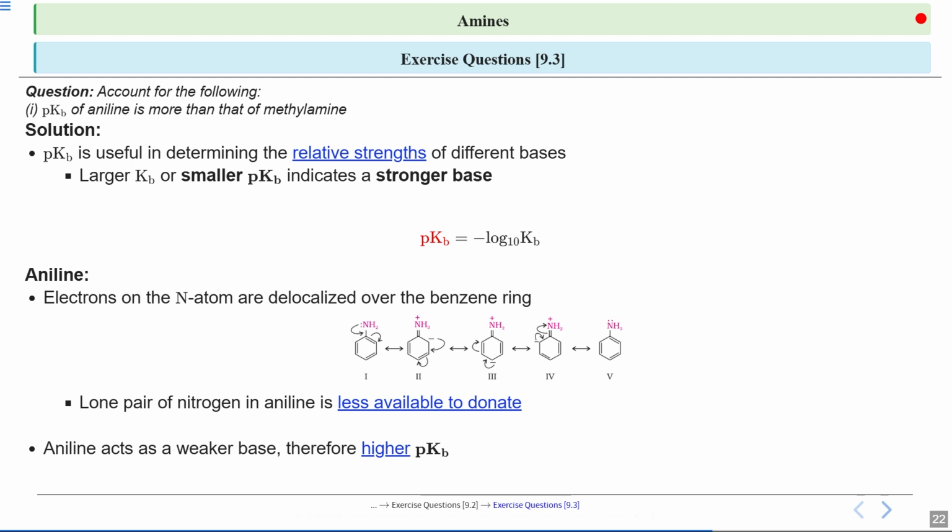Therefore we can say aniline is a weaker base. If it is a weaker base, it will have a higher pKb value, because a smaller pKb means a stronger base. A higher pKb indicates that it dissociates less in water, which makes it a weaker base.